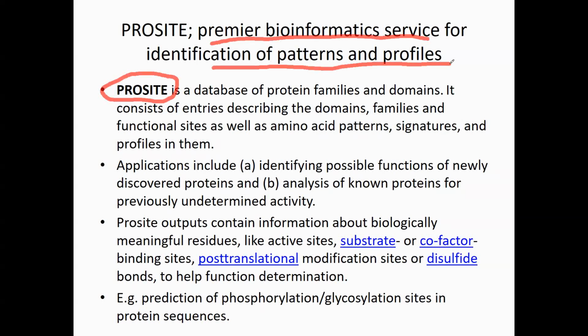And for identification of patterns and profiles in protein sequences, this database is called ProCite.